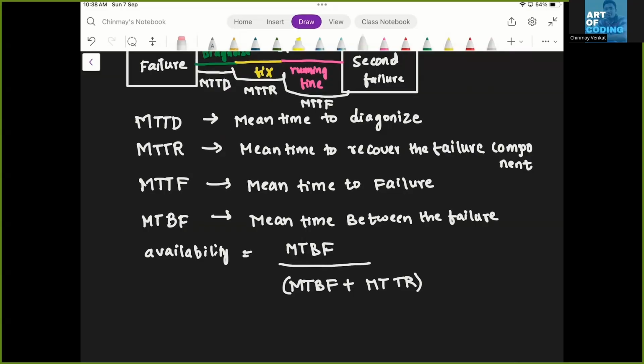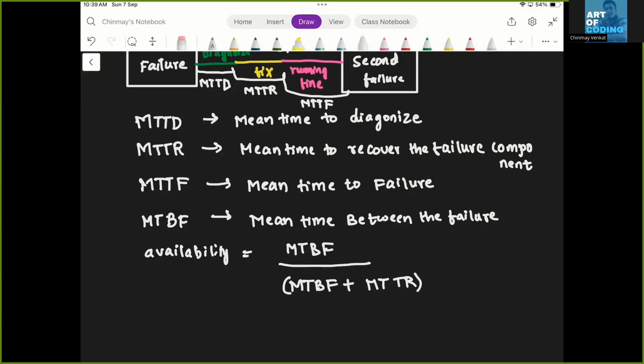For example, if you designed an application and one of the components had a first failure in production, later after you diagnose the problem and recover the component, it is running fine, and later the second failure will happen. Now how is the availability calculated for this application?